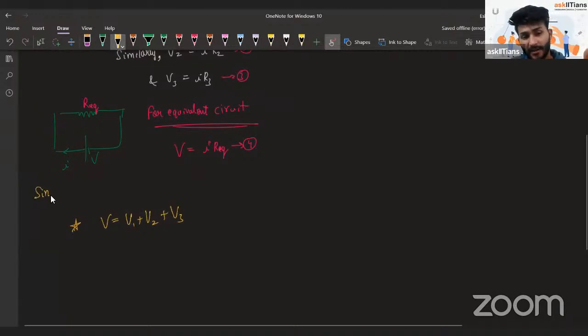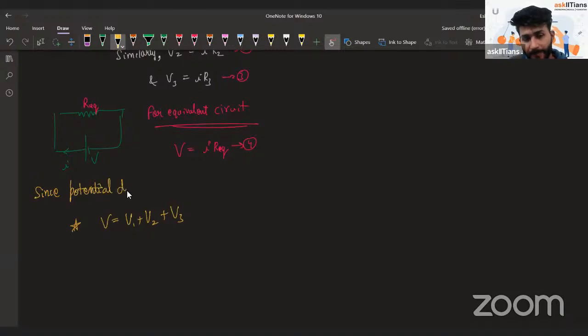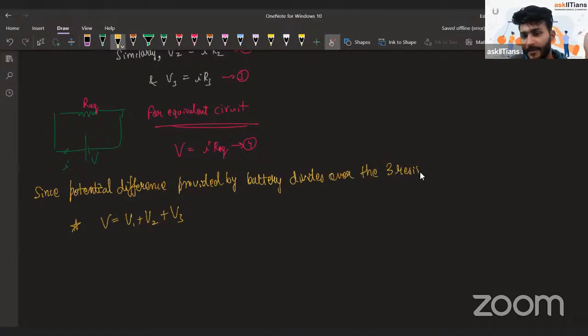You're going to write since potential difference provided by the battery splits or divides over the 3, that means if you add up all those 3, you would get the equivalent one. So V equals V1 plus V2 plus V3.